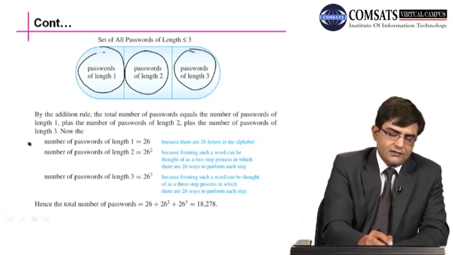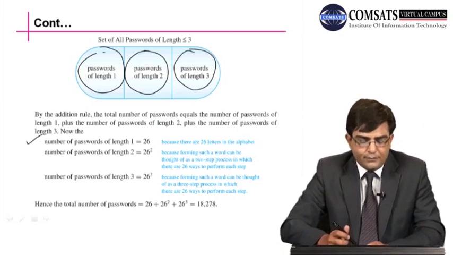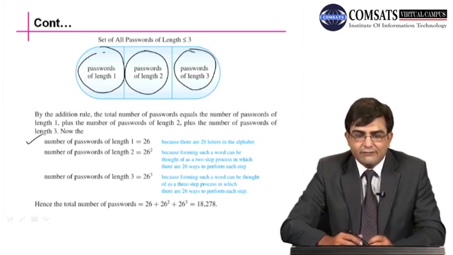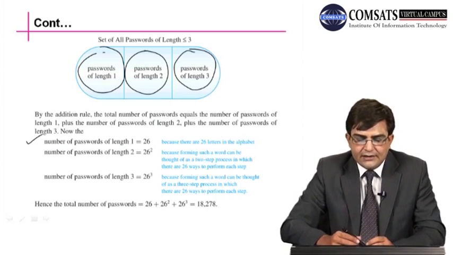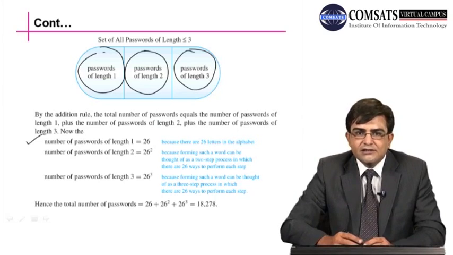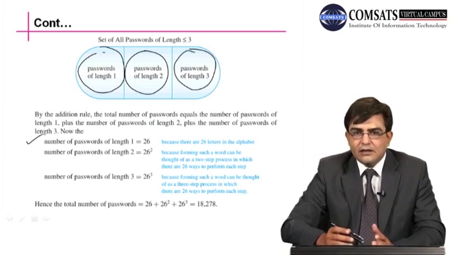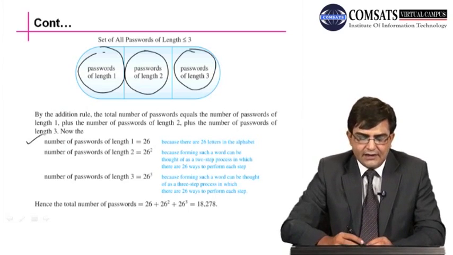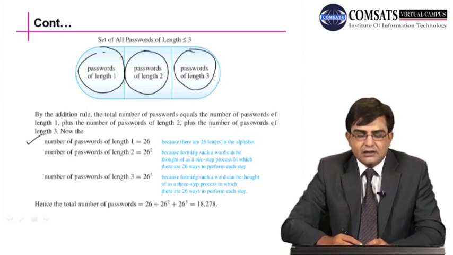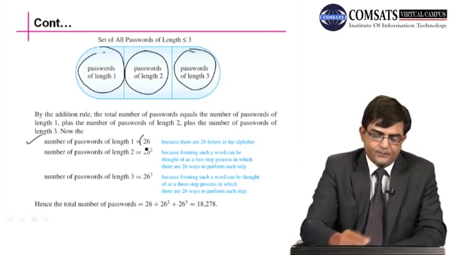Now we see how many possible passwords there are of length 1. Since it is restricted that passwords must be chosen from the alphabets A, B, C, D up to Z, and these are 26 alphabets, all the possible passwords of length 1 are 26.